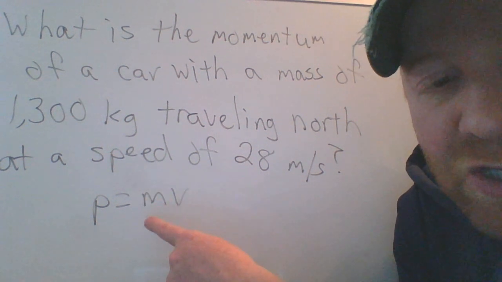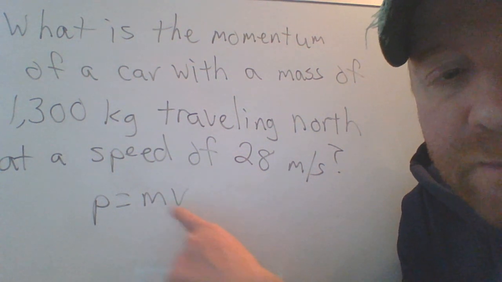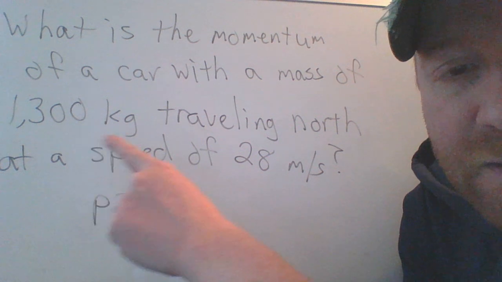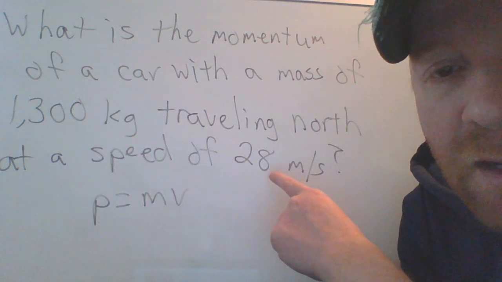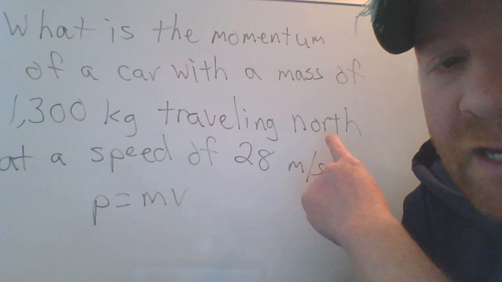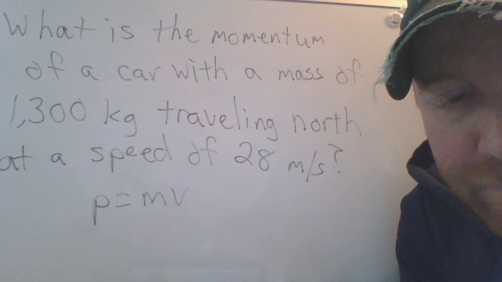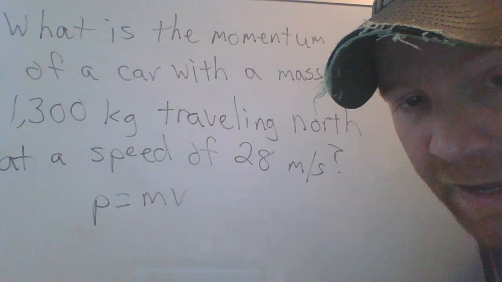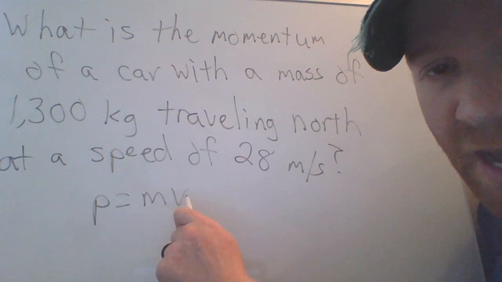The definition of momentum is the mass times the velocity. There's our mass, 1,300 kilograms. There's our velocity, 28 meters per second north. We simply need to multiply the two. Momentum, mass times velocity.